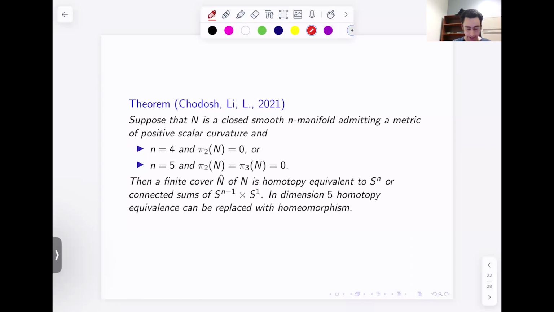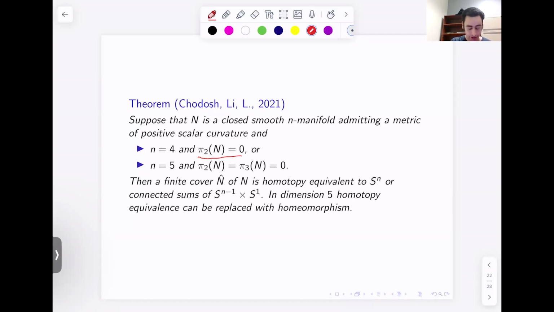But if it is not spherical but has pi 2 equal to 0, then its finite cover has to be either S4 or a connected sum of S3 cross S1s up to homotopy equivalence, or in dimension 5, it's even up to homeomorphism.